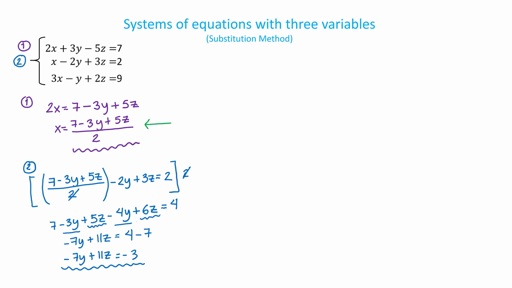Now what we're going to do is substitute the value of x that I cleared at the beginning, but now in the other equation. I already substituted in equation 2, but now I'm going to substitute the same value of x in equation 3.